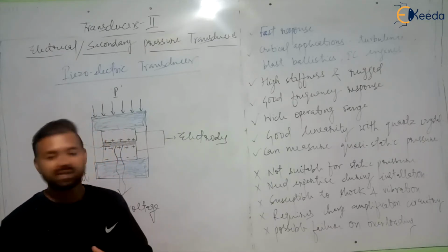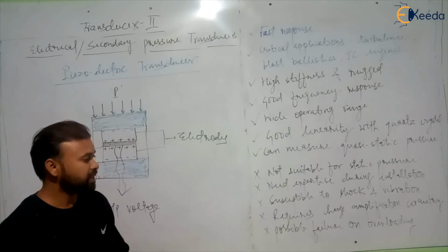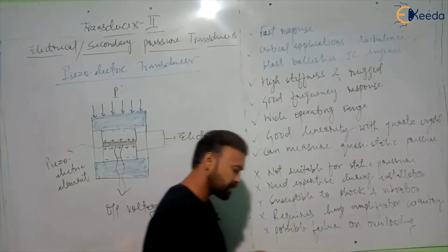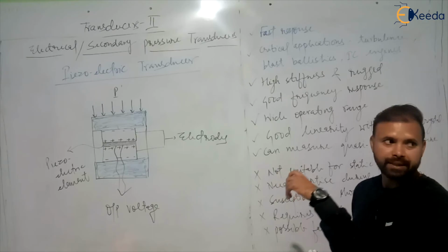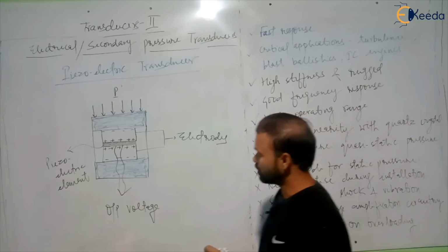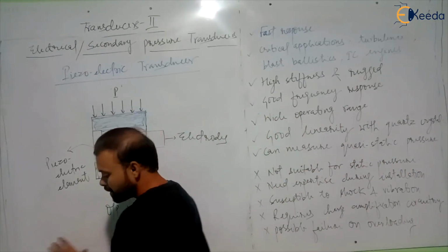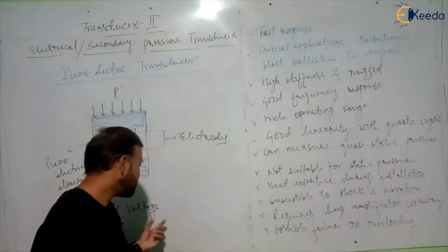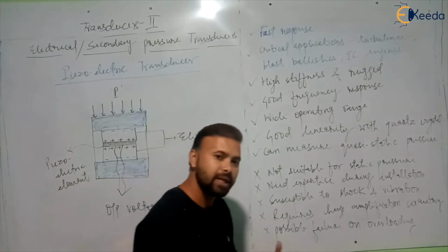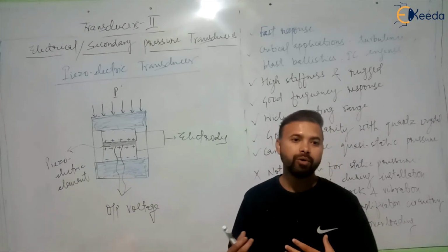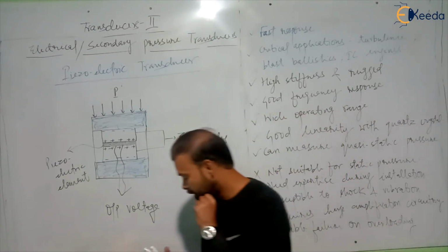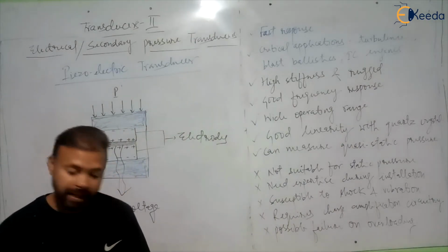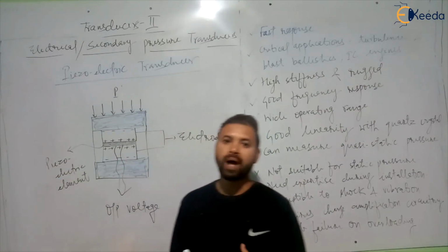This requires charge amplification circuitry. Why? Because the output of the piezoelectric transducer is very small. The voltage output you are getting here will be very small, in the level of microvolts. If we are talking about current, then current will be in the range of microamperes.